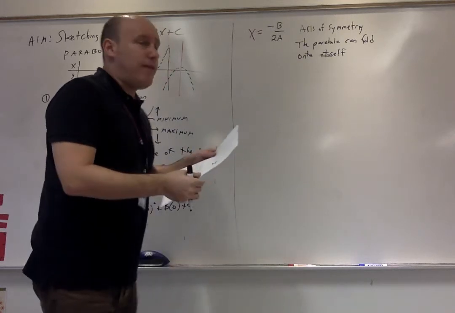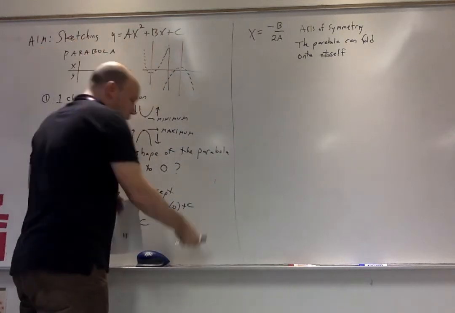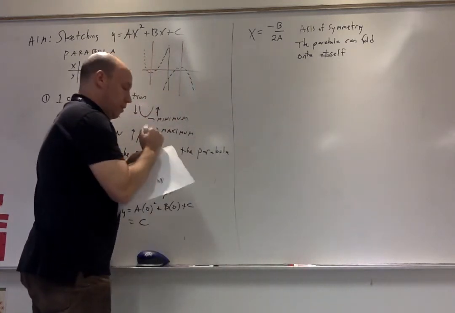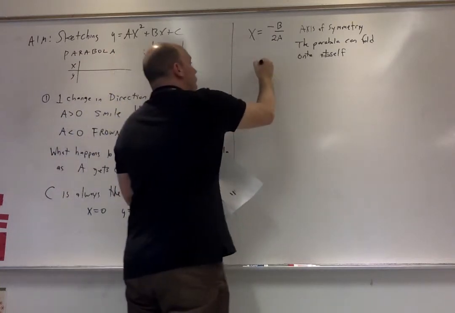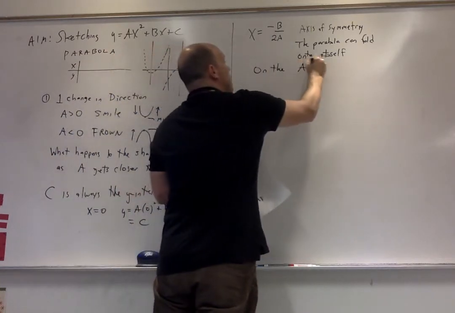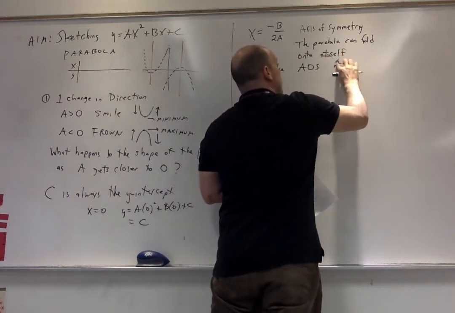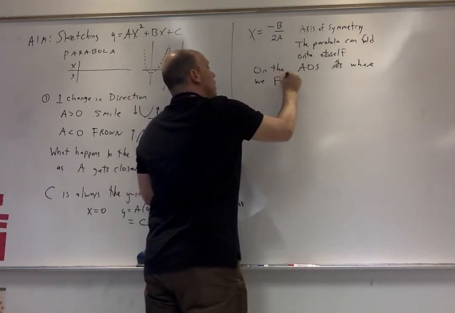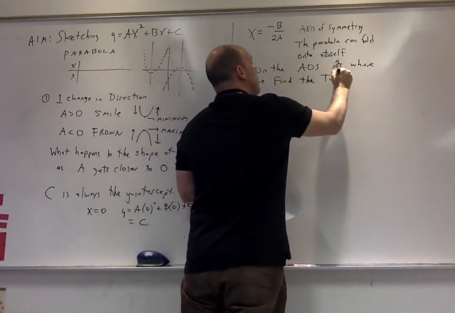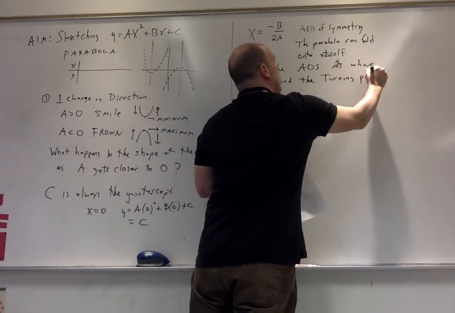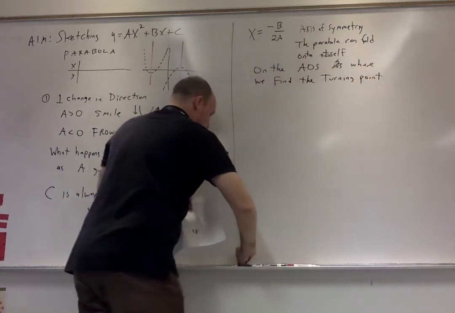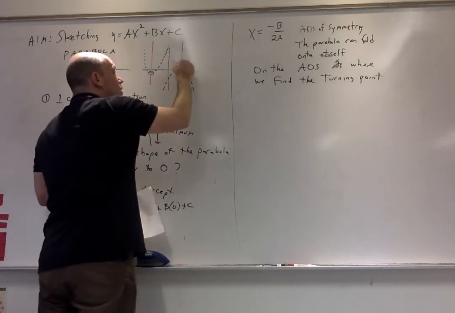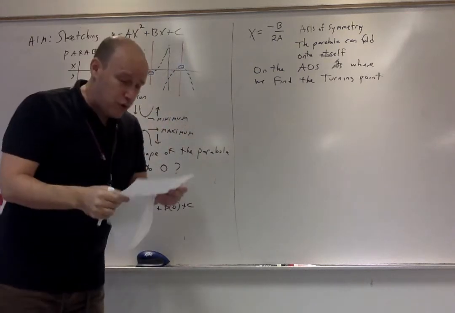Now, this is kind of interesting because if you think about it, this is where the turning point is. On the axis of symmetry is where we find the turning point. Once again, right here is the minimum, and right here is the maximum. It occurs on the axis of symmetry.